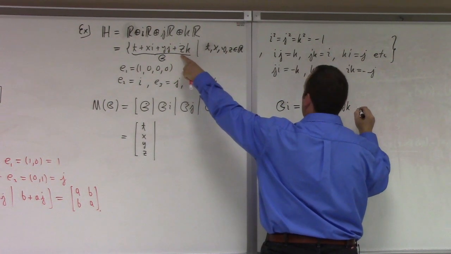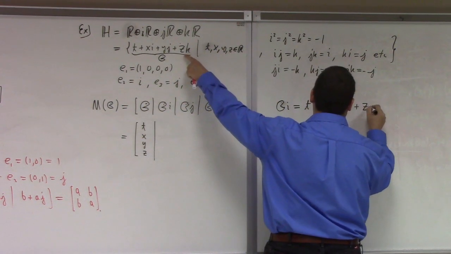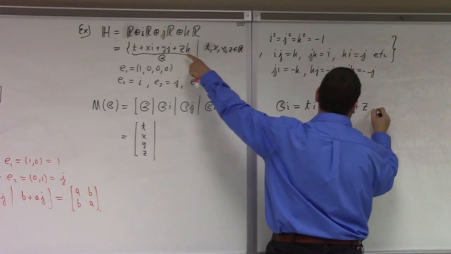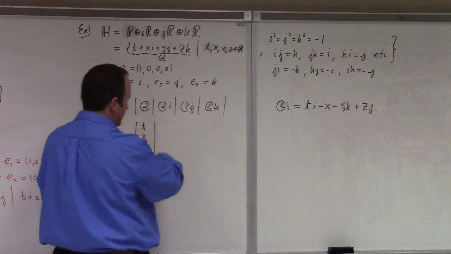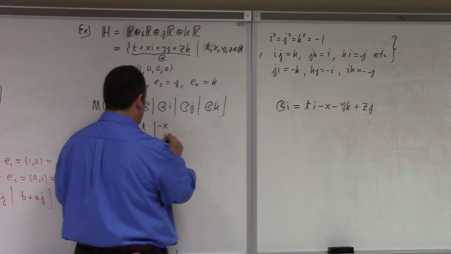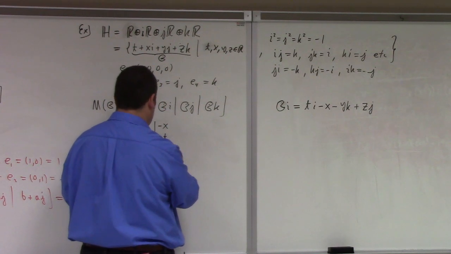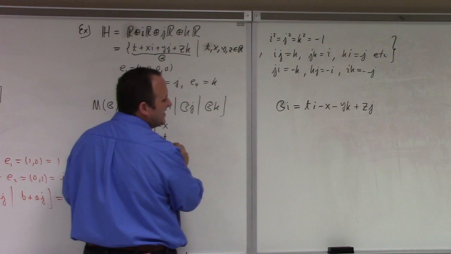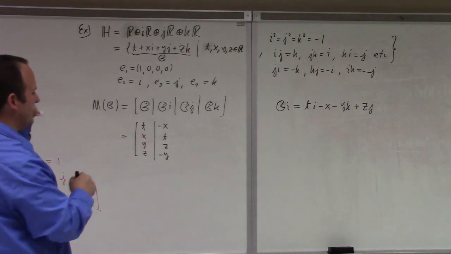What's ki? Ki is j. So I believe in the next column we have a minus x, a t, a z, and a minus y, if I did it right. I got two minuses over there, right?